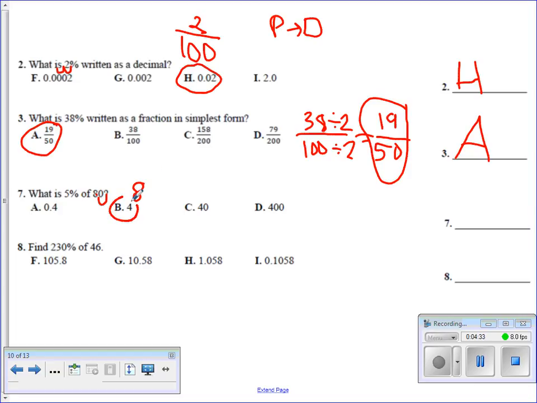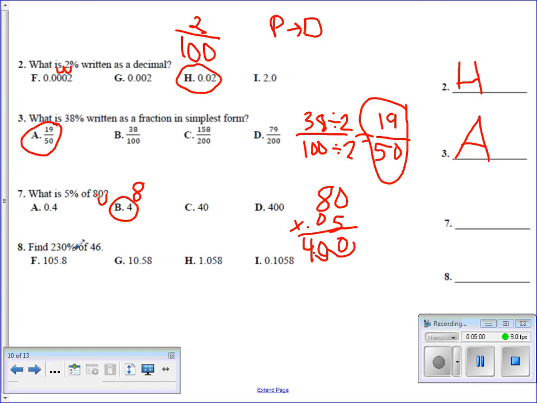Choice B. Another way we could have done this is I could multiply 80 times 5% as a decimal. 5% as a decimal is 5/100. As we multiply through, I have 2 place values behind my decimal, move it twice, so 4.0.